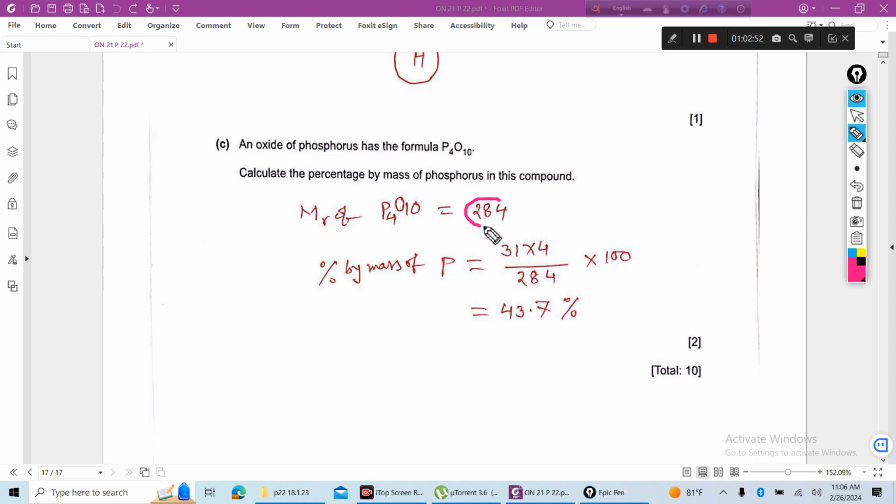Total relative molecular mass of phosphorus pentoxide is 284. In 284 grams, there are 31 times 4 grams of phosphorus. So in 100%, how much? You calculate: 43.7%.